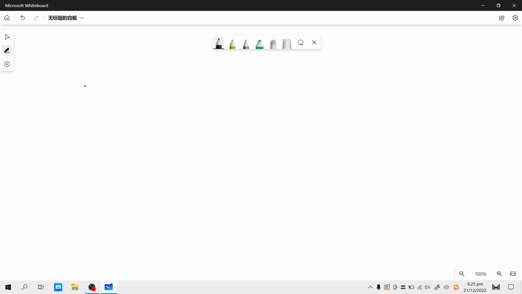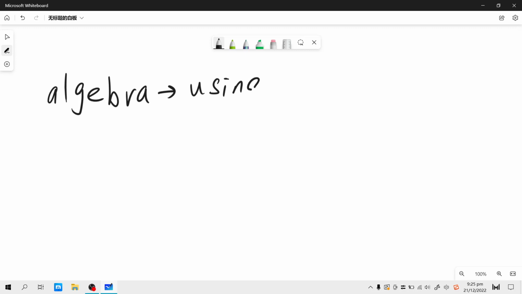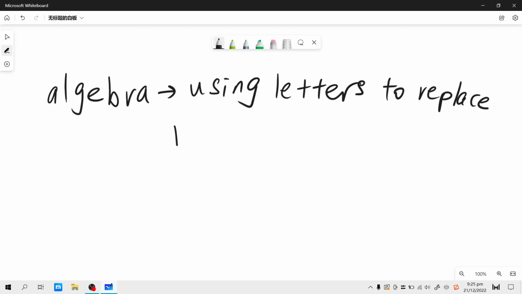So I'm going to write out the meaning or definition of algebra. Algebra means using letters to replace words.